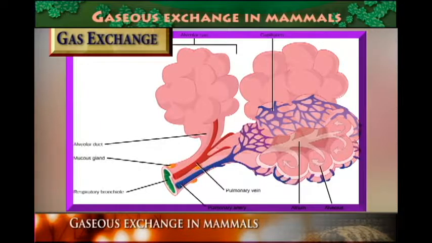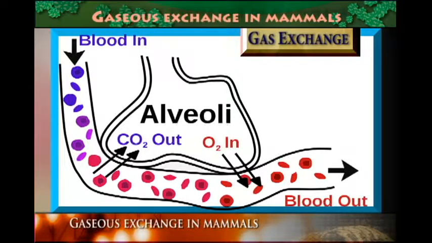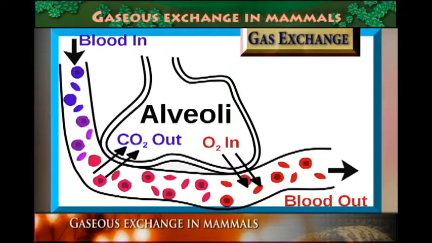Because the alveoli have got a net venation, a network of veins, oxygen diffuses from the alveoli into the blood capillary, and carbon dioxide will diffuse from the blood into the alveoli.